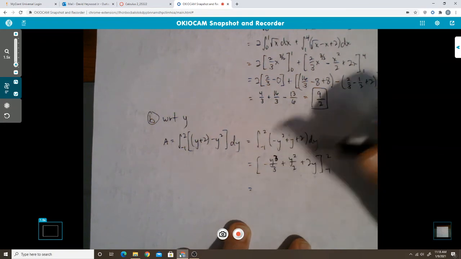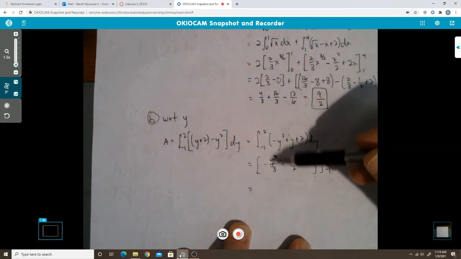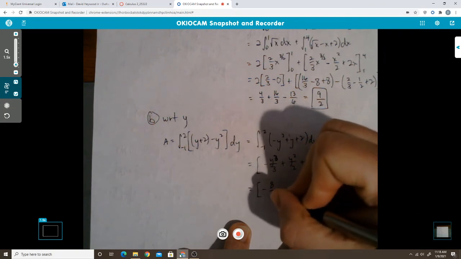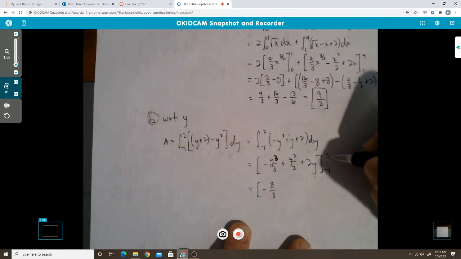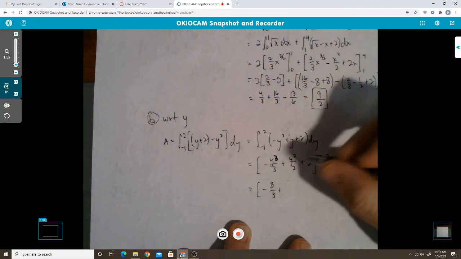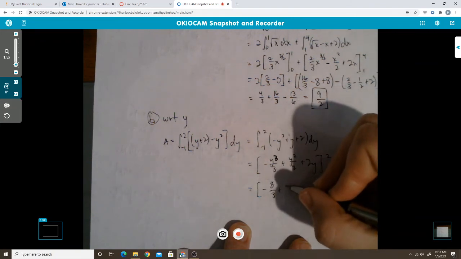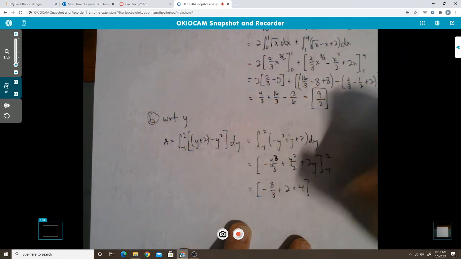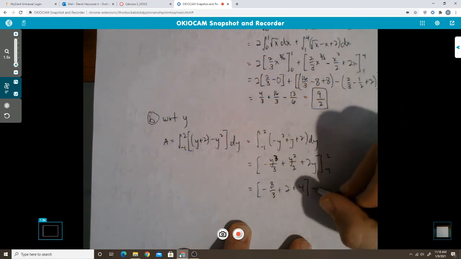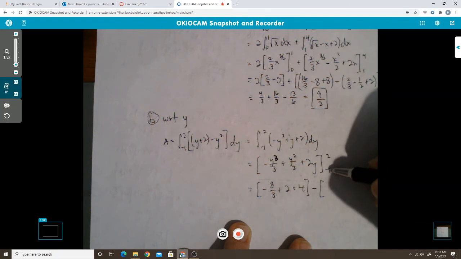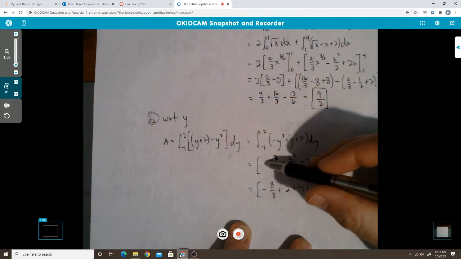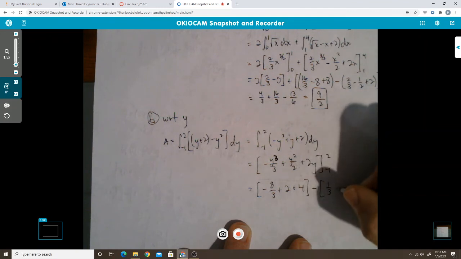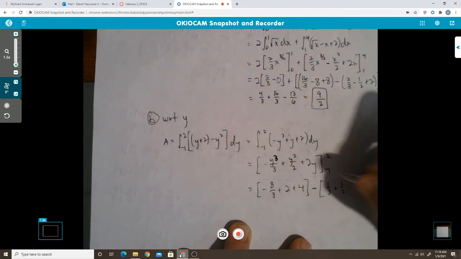If we plug in 2, we're going to get 2 cubed is 8, so we get negative 8 thirds plus 2 squared is 4 divided by 2 is 2 plus 2 times 2 is 4. If we plug in negative 1, negative 1 cubed is negative 1. This negative will make it a positive, so we get 1/3 plus 1/2 minus 2.